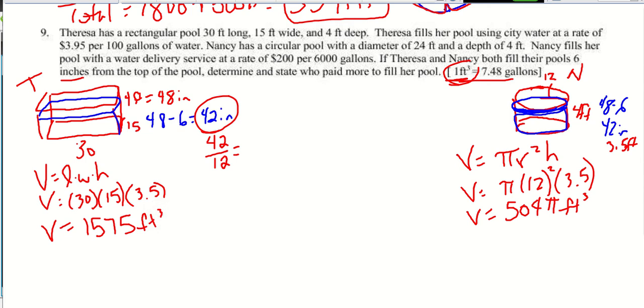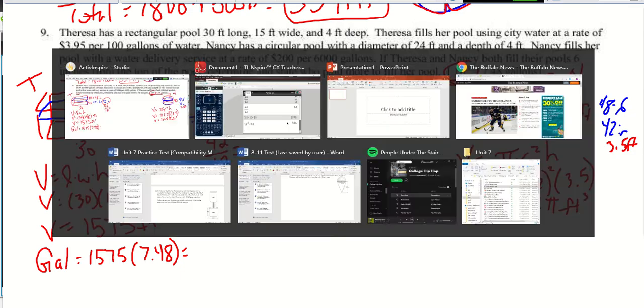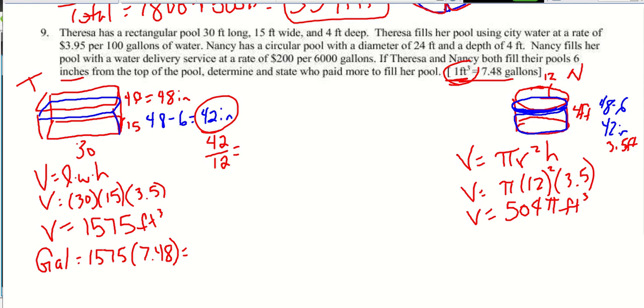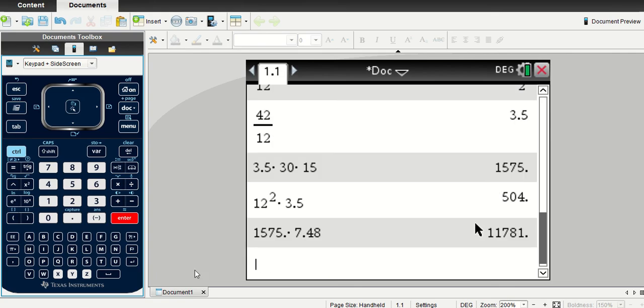So we need to calculate how many gallons. Remember, every cubic foot is 7.48 gallons. So the gallons is going to equal 1575 times 7.48. And I get a nice number.